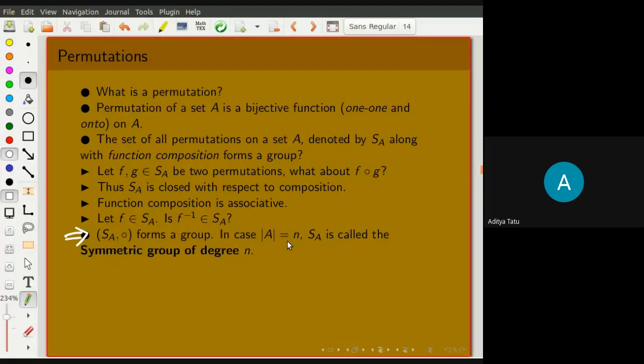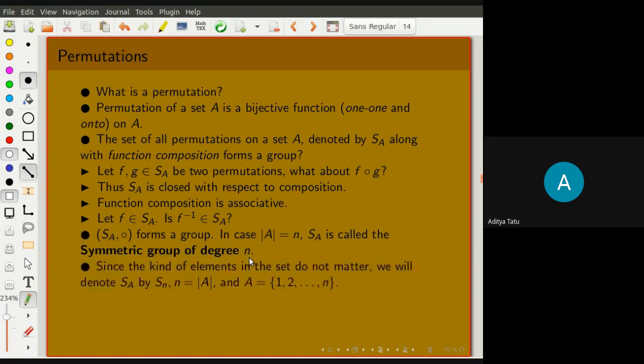In case the number of elements in the set A is some n, we usually call S_A the symmetry group of degree n. This is just standard terminology.